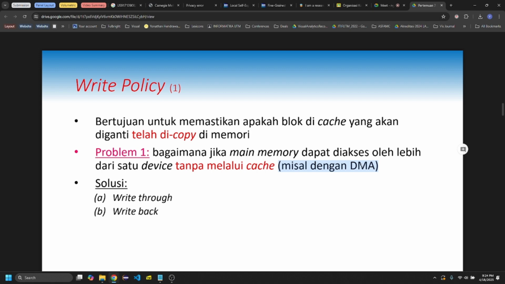DMA is a mechanism for some I/O or slower devices to access the main memory directly without using the CPU. So in that case, the value in the memory can be updated by something else, not by the cache, not by the CPU. In that case, what will happen with the value inside the cache?